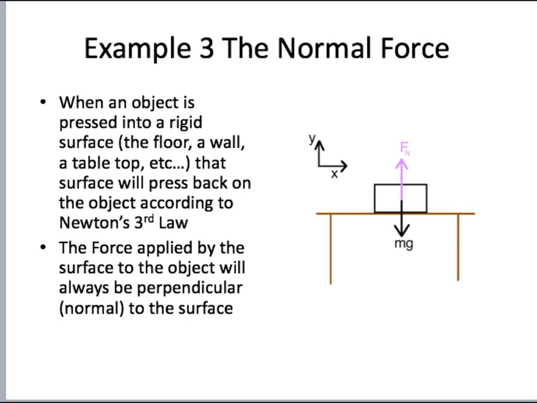So this normal force is going to make a right angle with the table. In mathematics, the word normal very often means perpendicular. And so since this force has to be perpendicular to the surface, it's called the normal force. So just remember that in this context, normal means perpendicular.